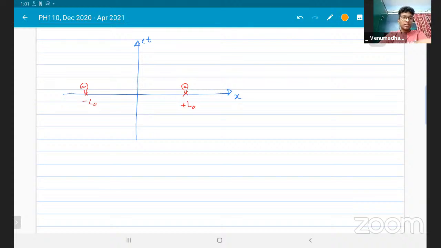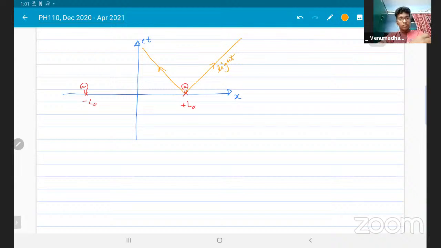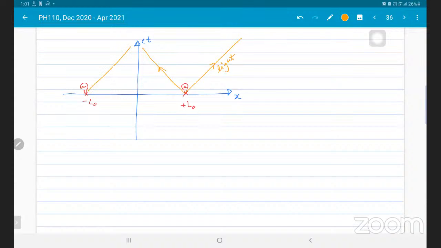It will be at minus L. With the x-axis, its intersection will be just this, right? So this is the beam of light. Similarly, the same beam of light is emitted by the other one at the same time, right? So it also travels at a 45-degree angle.